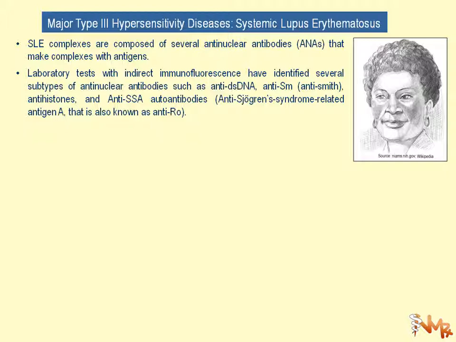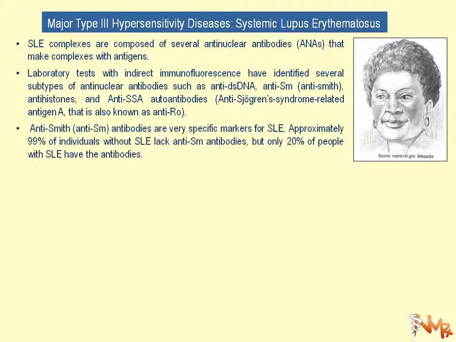Lab tests with indirect immunofluorescence have identified several subtypes of anti-nuclear antibodies, such as anti-double-stranded DNA antibodies, anti-Smith, anti-SM antibodies, antihistones, anti-SSA autoantibodies. SSA stands for anti-Sjogren syndrome related antigen A, that is also known as anti-Rho antibody.